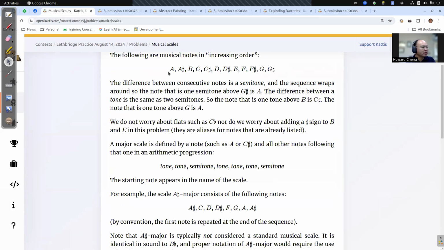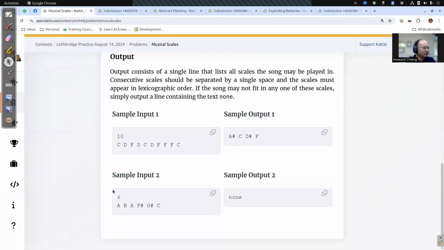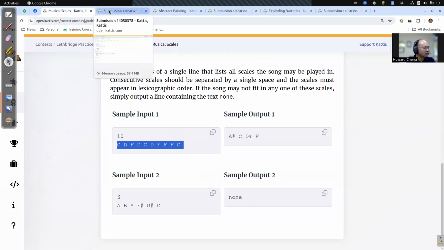And for each one, you can figure out all the legal notes by following this. And then it's just a matter of asking for each of those scales, is there anything illegal in your song? And if not, then you're good. If it's illegal, then it's not good.